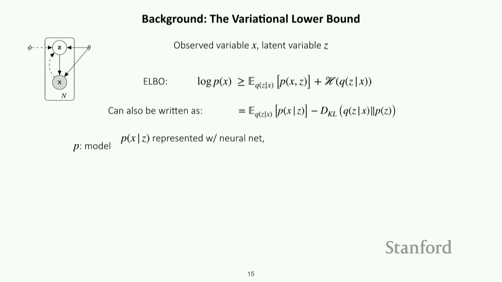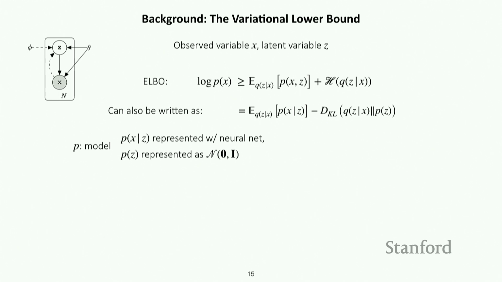So in the case of a variational autoencoder, P of x given z corresponds to a neural network that takes in your latent variable and outputs an image or whatever data type you're modeling. And then P of z is typically represented as just a diagonal Gaussian with unit variance.